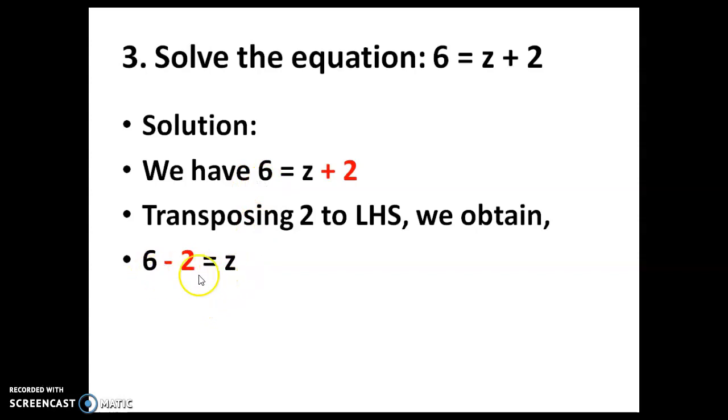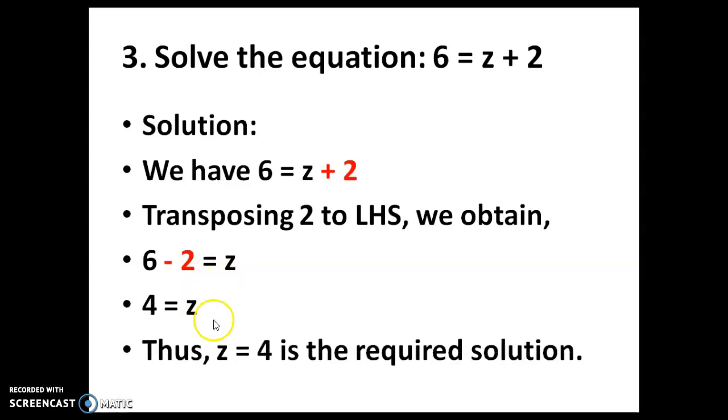Here we straight away write 6 minus 2 equals z. That is called transposing. There is not much difference, I am just telling you. So 6 minus 2 is 4. The required solution is z equals 4.